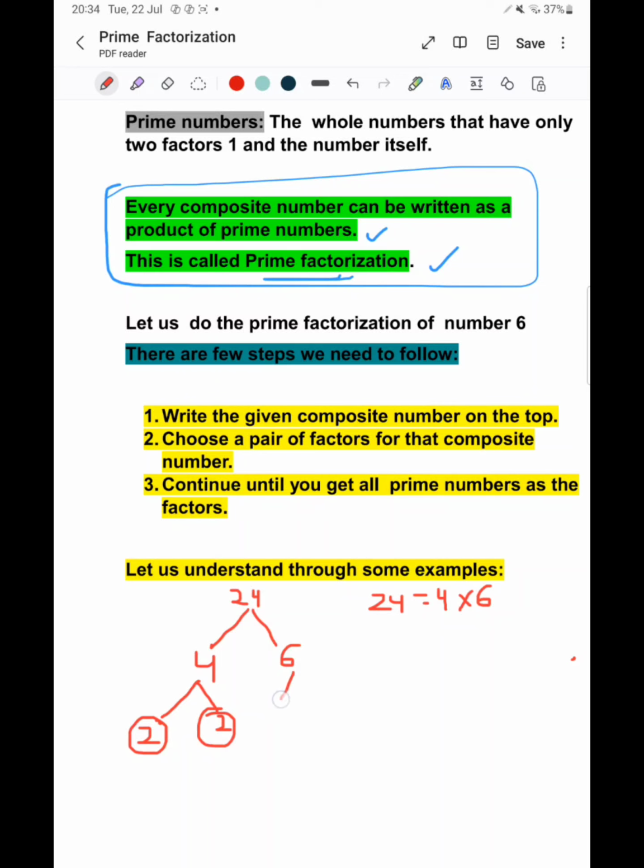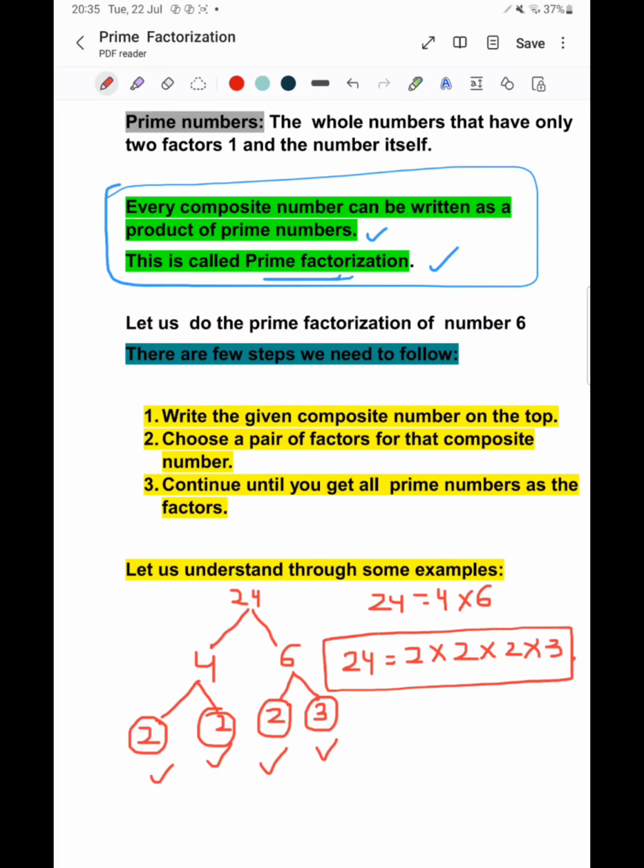And 6 can be written as 2 multiplied by 3, and 2 and 3 are both prime numbers, so I will stop here. So 24 again can be written as 2 multiplied by 2 multiplied by 2 multiplied by 3. This is the prime factorization of 24.